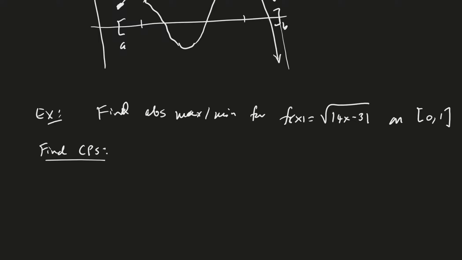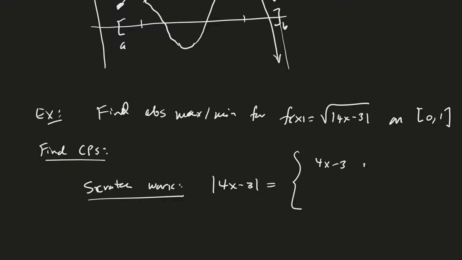So just as scratch work, we know that the absolute value of 4x minus 3 is equal to 4x minus 3 if x is bigger than or equal to 3/4, and then minus 4x plus 3 if x is less than 3/4, right?